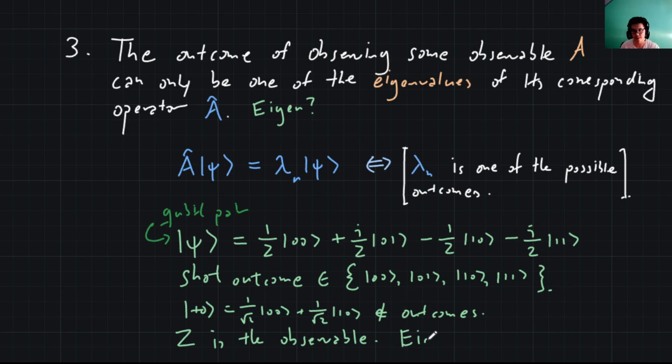Eigenpairs are this: plus 1, which is associated with the 0 state, and minus 1, which is associated with the 1 state.